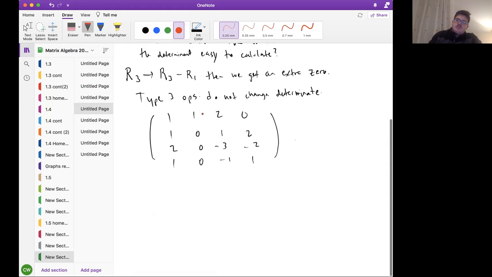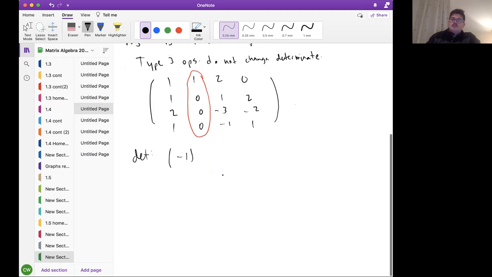Because now when we do the cofactor expansion, the determinant will just be -1 to the, what is the power going to be? Right, 2 plus 1. What is the entry we're going to use?